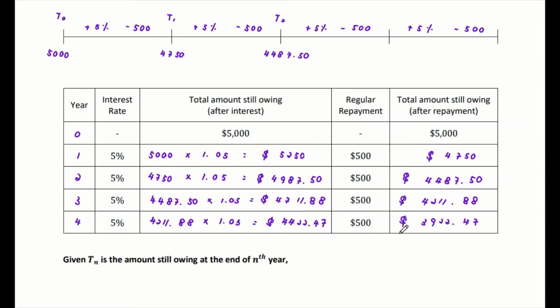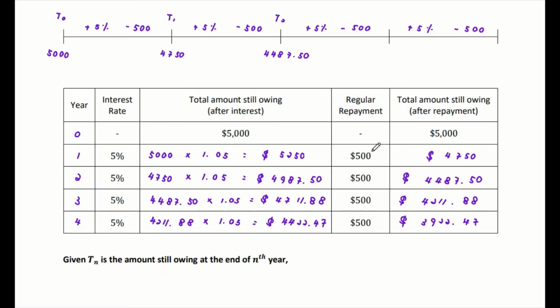Something that we need to bear in mind is that you must make sure that the regular repayment should be more than the interest. For example, the 5% for 5,000 is actually 250. So the repayment is more than the interest by 250, so you have a decrement in your total amount still owing by 250.